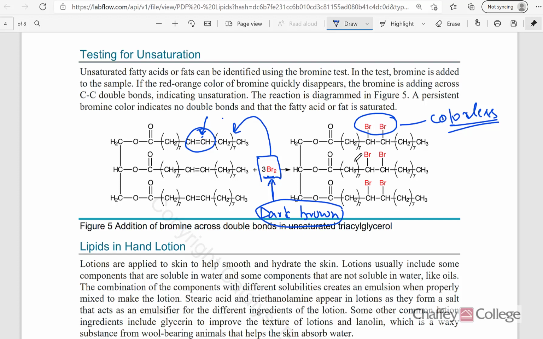If it contains only 1 double bond, then the color of bromine will disappear slowly or will not disappear completely. So these are chemical reactions and physical properties which we are going to look at in today's lab. So let's take a look at lab report.